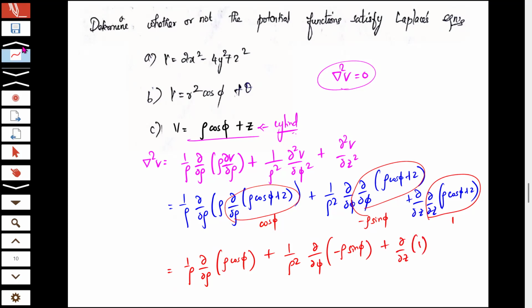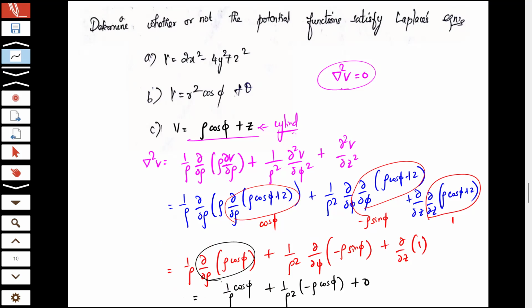So this has to be differentiated a second time. We'll get 1 by rho into cos phi. Then the second term is going to be 1 by rho square. Differentiation of sine phi is cos phi. So you're going to get minus rho cos phi plus 0.